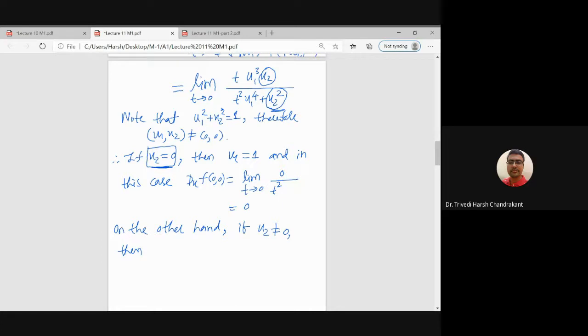So we have the limit t approaches to 0, t u1 square, t u1 cube u2 divided by t square u1 power 4 plus u2 square.